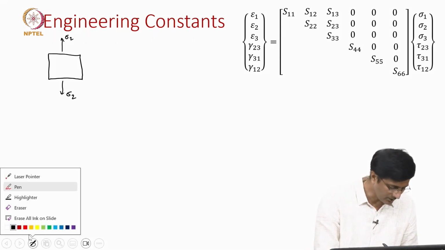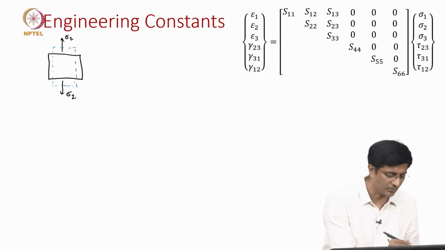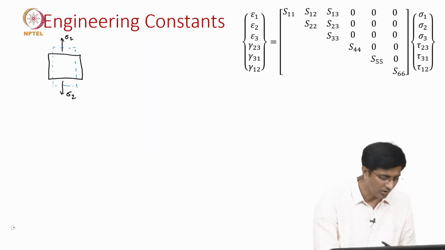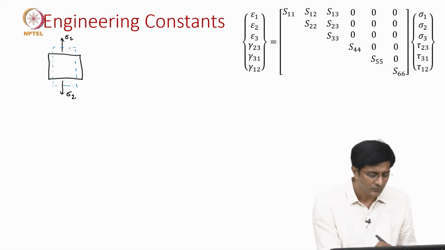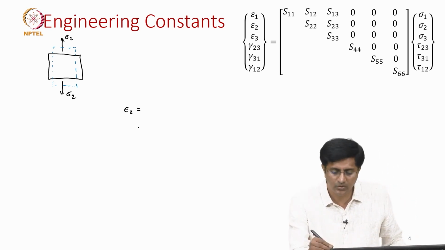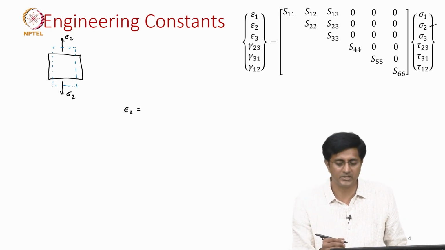Then we expect the deformation to be something like this. Now we are interested in writing out the different strains. This time let us first look at epsilon 2, since sigma 2 is the only non-zero stress and the rest are 0 applied stresses.